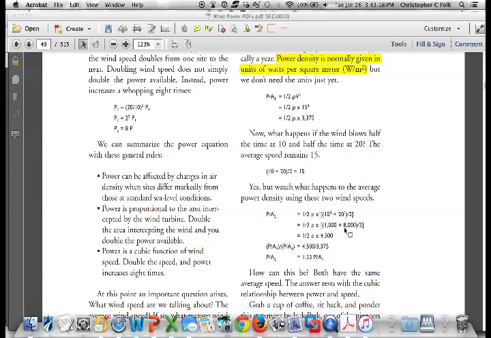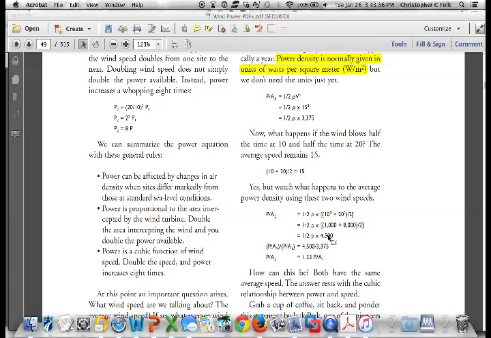So 10 cubed is 1,000, 20 cubed is 8,000. Adding those together, 1,000 plus 8,000 equals 9,000, divided by 2 is 4,500.